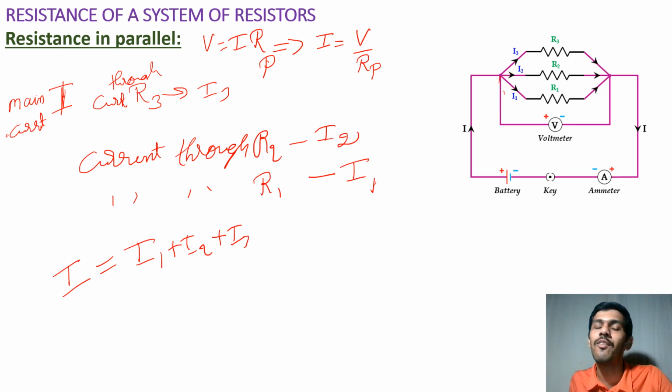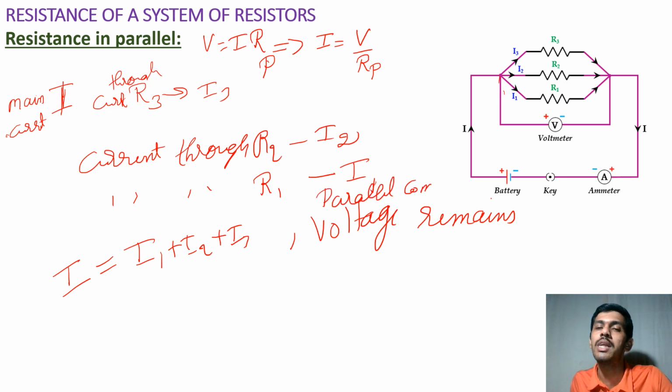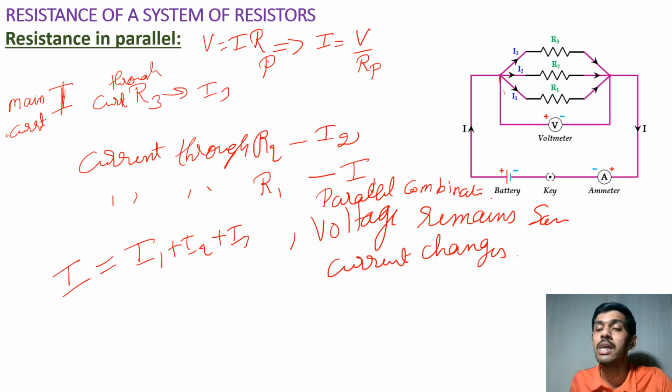So the voltage, or potential difference, remains the same. Remember, in a parallel combination, voltage remains the same, but current changes from one branch to the other. It is the opposite case in a series combination: current remains the same, and voltage gets divided.